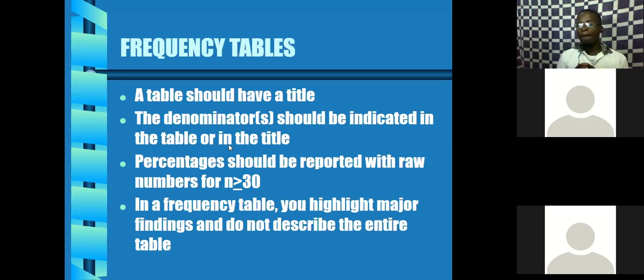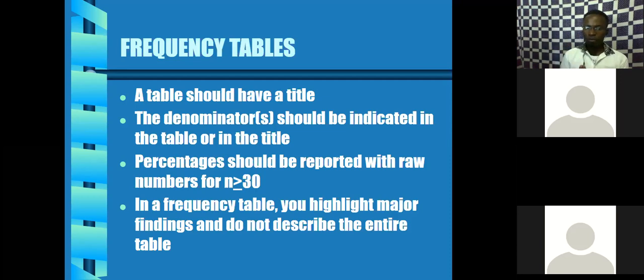Okay. Now, most of the times you want to also present the percentages together with the reported raw numbers. For example, let's say in a class of 100 students, maybe 10 of them passed the test, then you're going to say 10% of those students, in brackets, which is 10 students, isn't it?